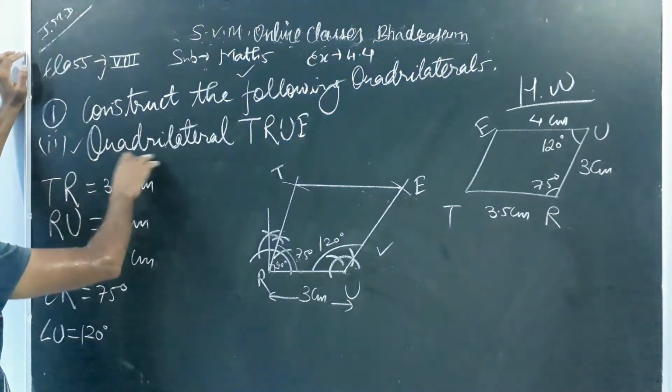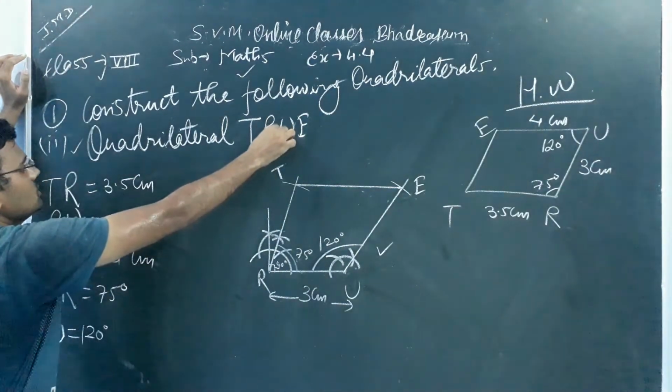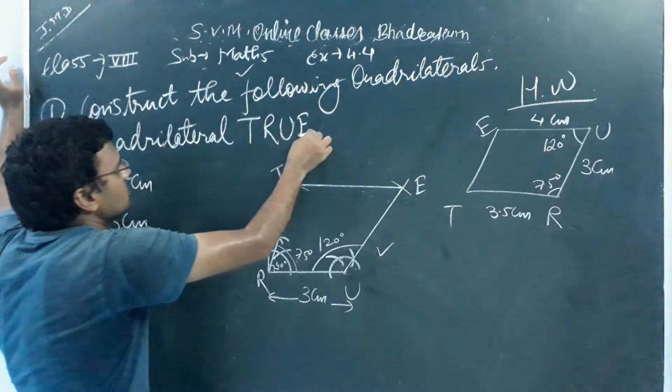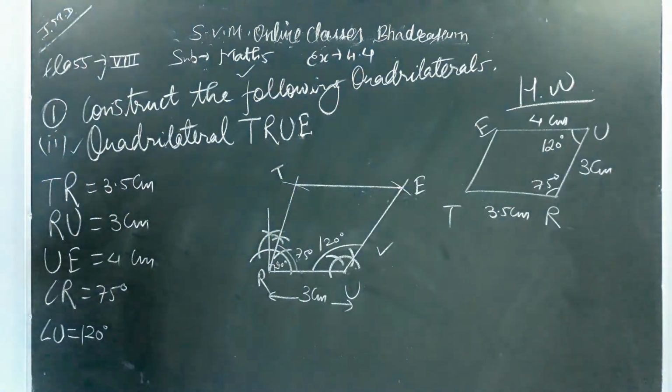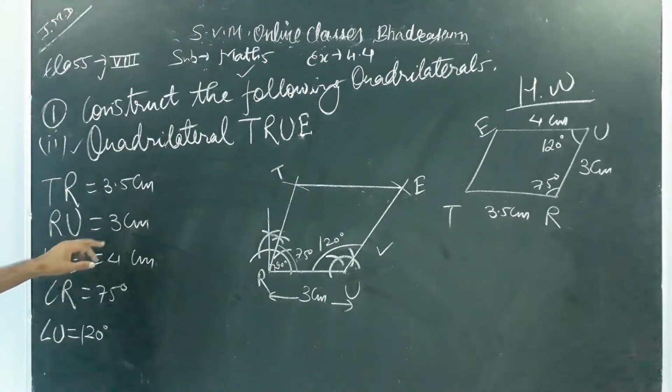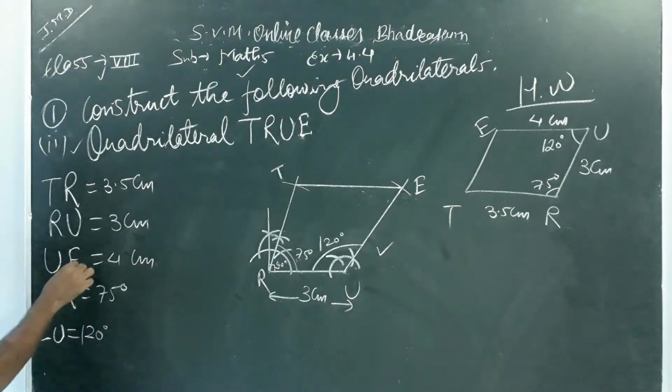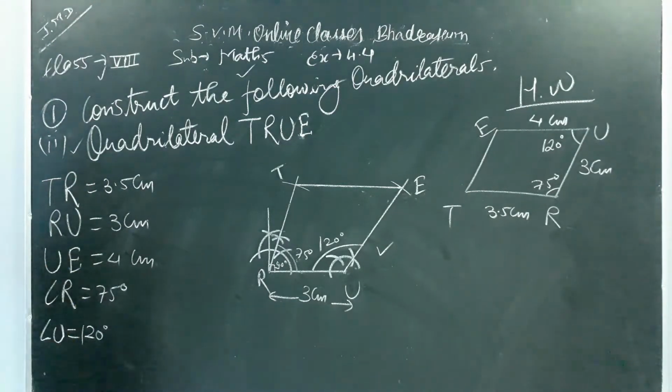Second one was quadrilateral TRUE. Okay, so TR is 3.5 centimeter, RU is 3 centimeter, UE is 4 centimeter, and angle R is 75 degree and angle U is 120 degree.